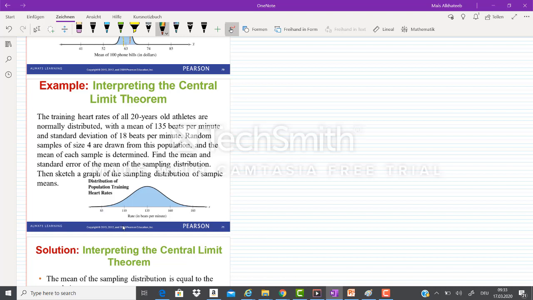Again, here I have athletes with mean mu equal to 135. Then I have the standard deviation, which is sigma, you write it, sigma equal 18. Then I have the random sample size n.